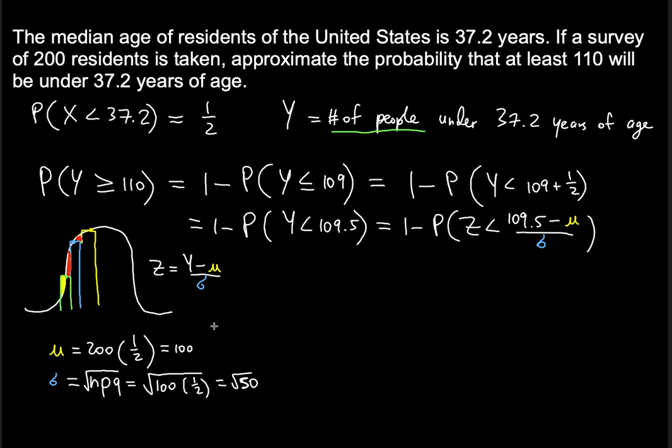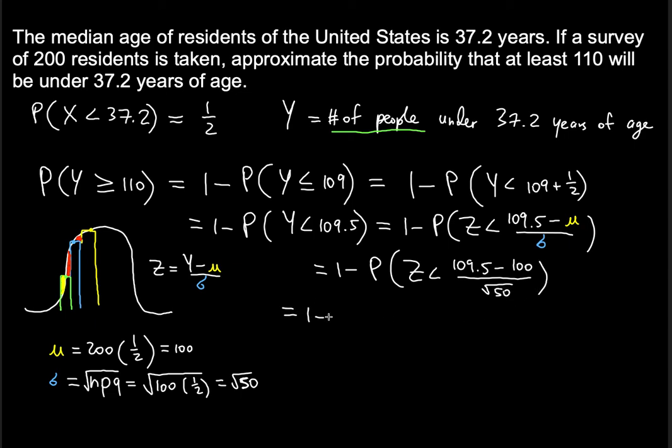Okay. So now that we see that, we can write this out here. We can have a proper substitution. So z is going to be less than 109.5 minus 100 divided by the square root of 50.